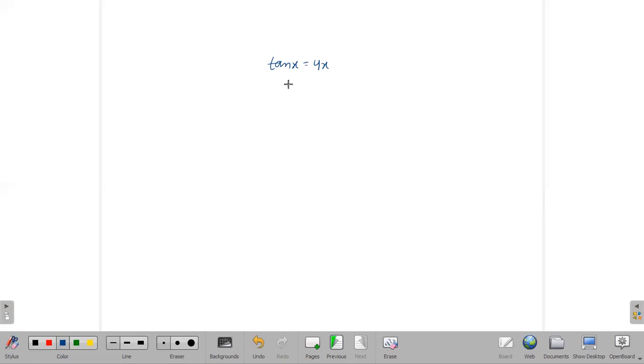So in that case, if I am applying the fixed point iteration method, you have to find g of x, which is continuous at least. So here I can write x is equal to... you cannot take tangent x by 4 as a g of x, because that is also a possibility, tangent x by 4, but this is not a continuous function. So you cannot take this as a g of x. It is better if you take x is equal to tangent inverse 4x. So that is a continuous function.